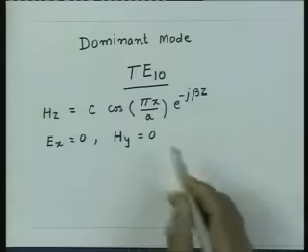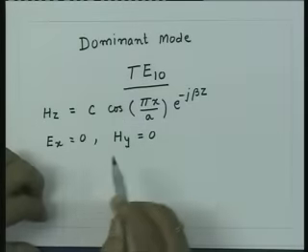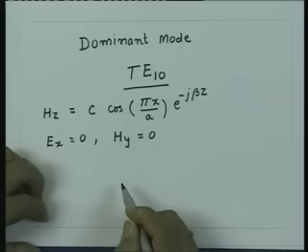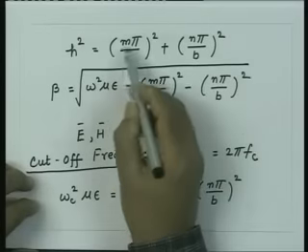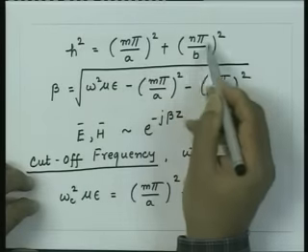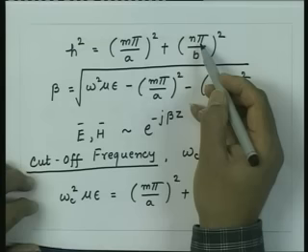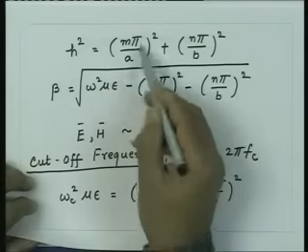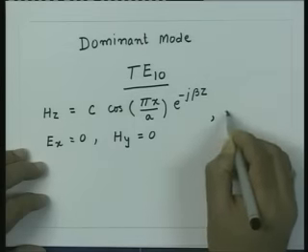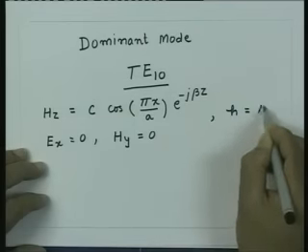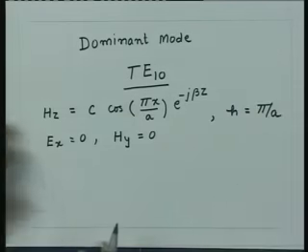Now, since we have taken m equal to 1 and n equal to 0, the h which is m pi upon a whole square plus n pi upon b whole square, with n being 0 and m being 1, gives h equal to pi upon a.